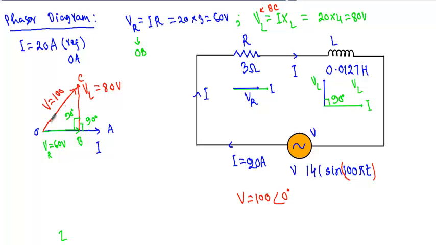See, I have drawn the phasor diagram of the circuit by using the voltage components, and this is a right triangle, so this triangle is known as the voltage triangle.